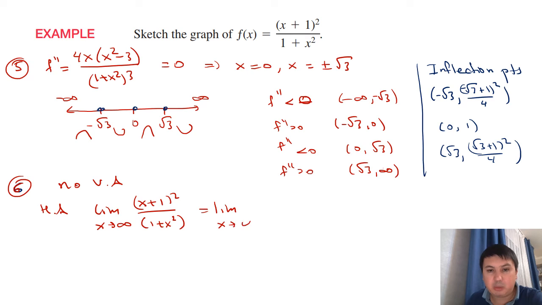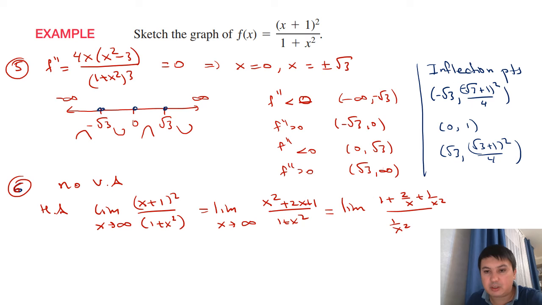Well, you can apply L'Hopital if you like, or we see that this is like x squared plus 2x plus 1 divided by 1 plus x squared. So you can divide everything by x squared. It becomes the limit of 1 plus 2 over x plus 1 over x squared, divided by 1 over x squared plus 1, and we get 1.